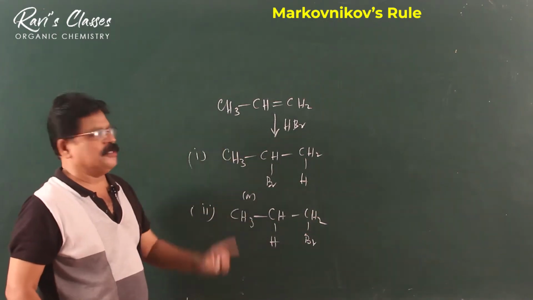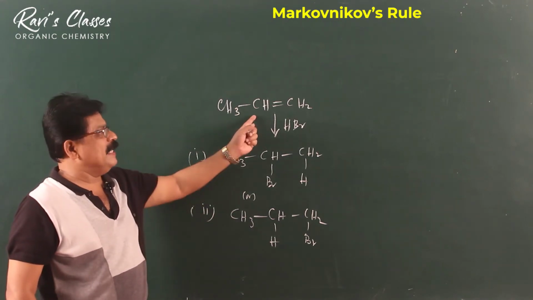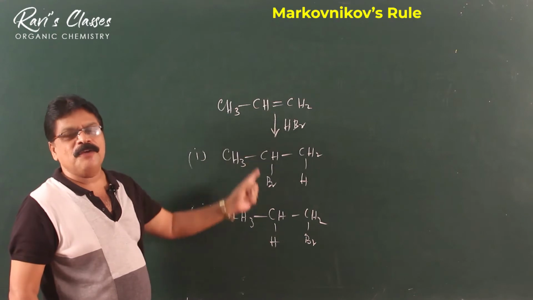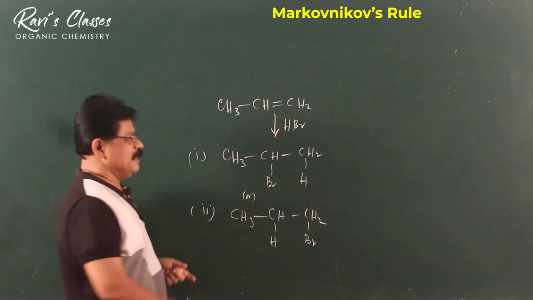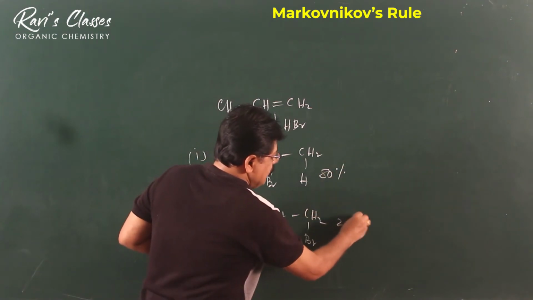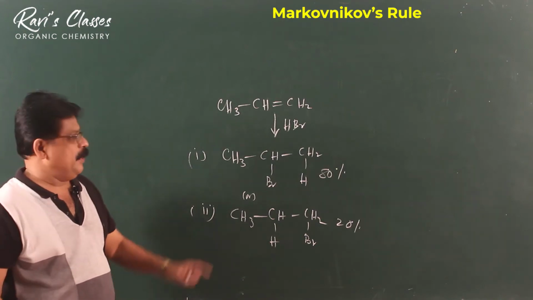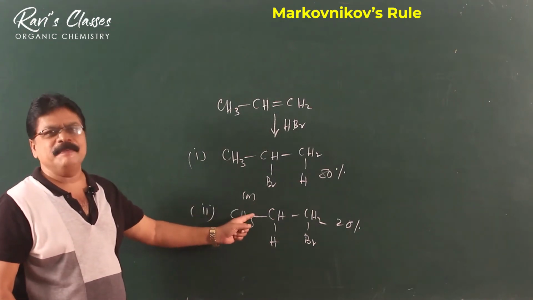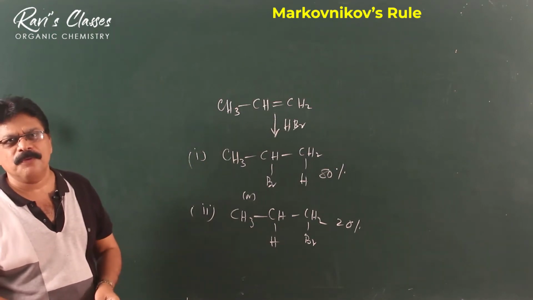Whenever the reaction is carried out, one of these is obtained in a higher percentage, almost 70 to 80%. Normally this is obtained as 80% and this is obtained as a 20% product. This has been explained by a rule called Markovnikov's rule.